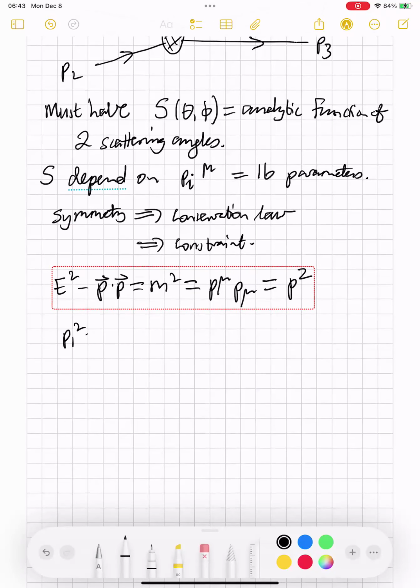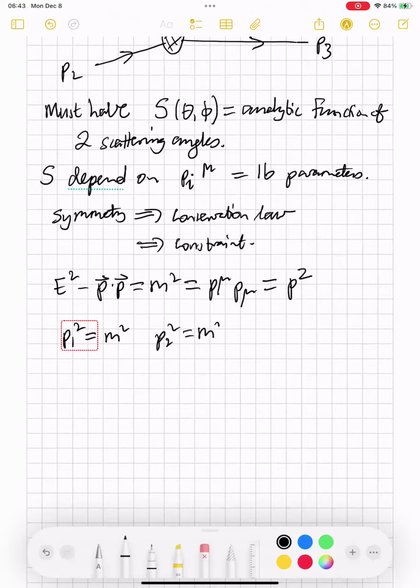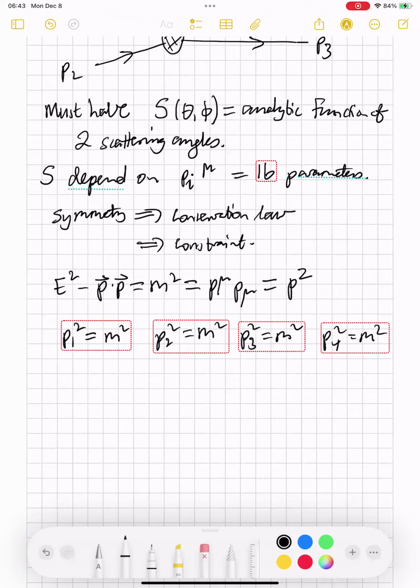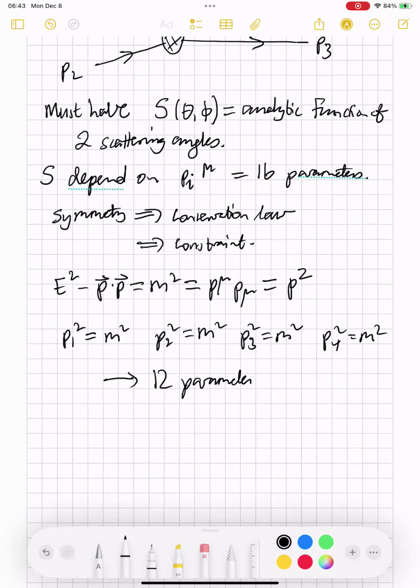So we'll have P1 squared equal to M squared, P2 squared equal to M squared, P3 squared equal to M squared, and P4 squared equal to M squared. This is 4 equations. So after we've imposed these equations, from our 16 parameters we have 12 parameters that remain.